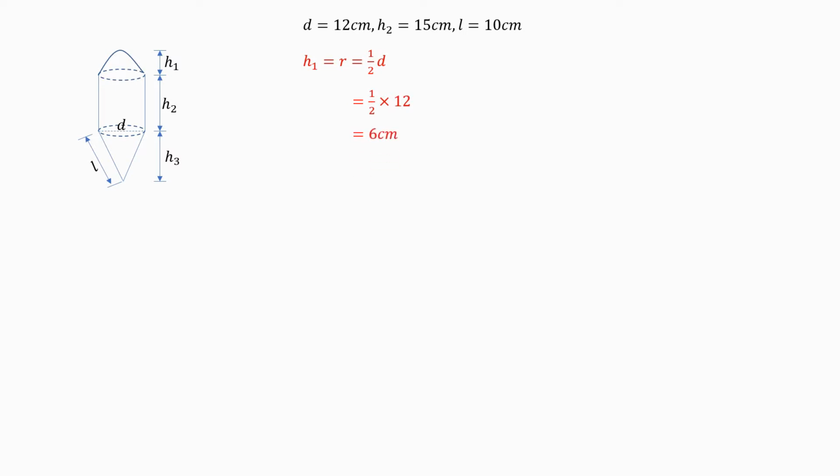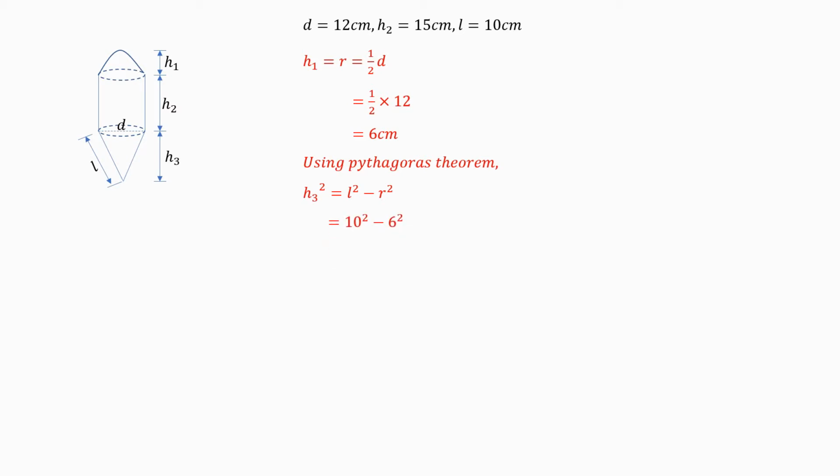6 centimeters. Then for H3, we are going to use the Pythagoras theorem, since it forms a right angle at the center of D, where we have denoted D. So we have H3 squared will be L squared minus R squared.